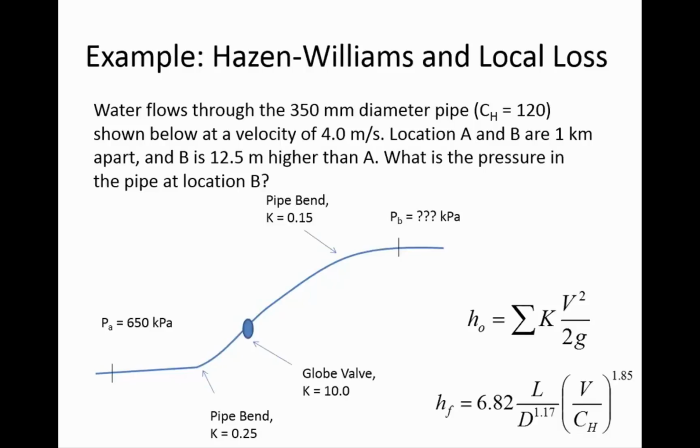Okay. Now what about HP? What does that stand for? It's energy added from a pump. And in this, when we're going from 1, where the pressure is 650 kPa, that's location A. Location B is 2 in the energy equation. There's no pump here, so we can cross that out.